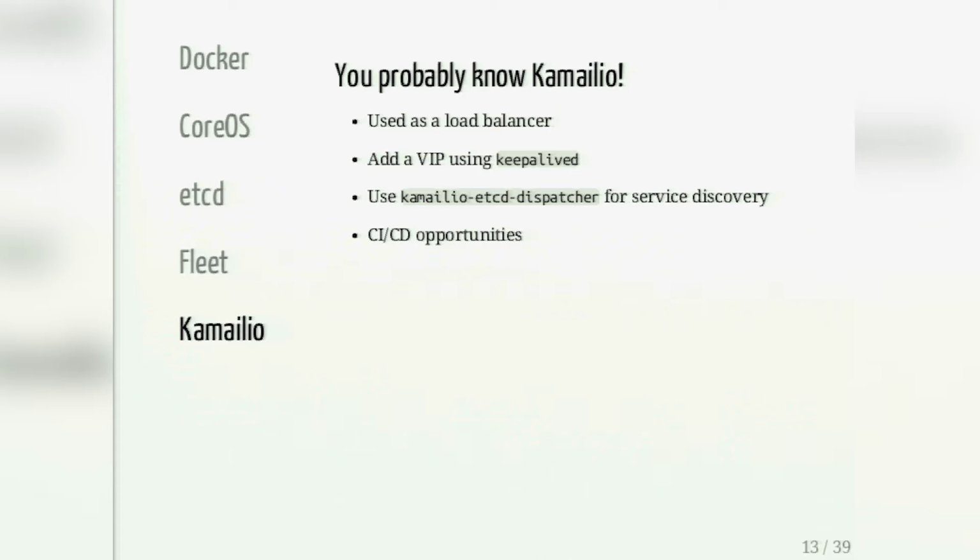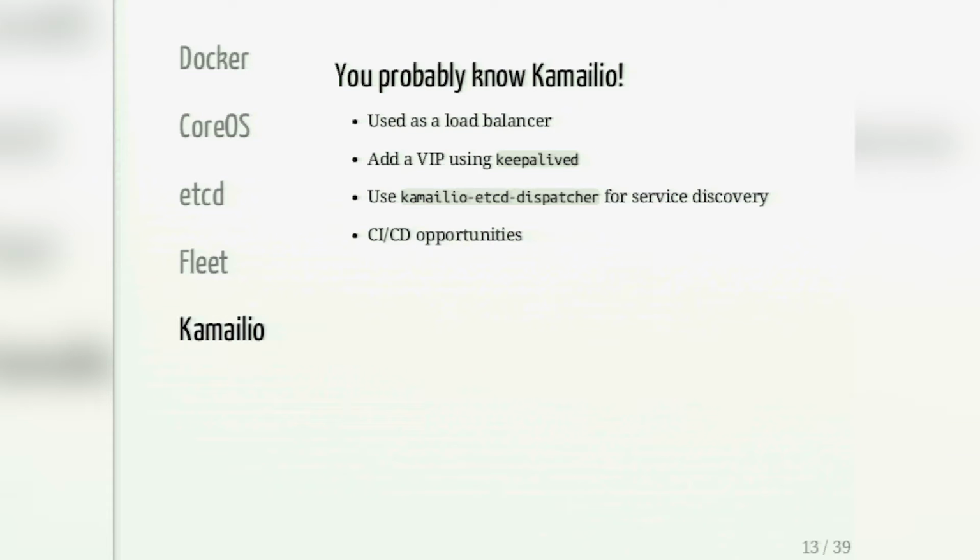You might want to use their software-defined networking, because Keepalived is VRRP in the back end. So that's multicast traffic. That's not exactly ideal for public cloud. We're going to also use it with Comet.io etcd dispatcher, some software I wrote for service discovery, and we'll get into that a little bit.